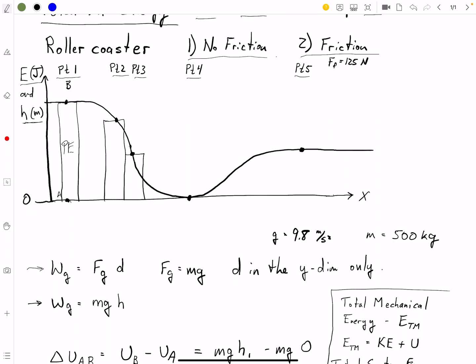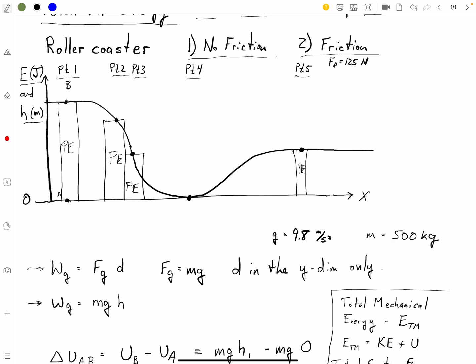We get to point 2, and our potential energy is now less. Here it's less even yet. And here at point 4, our potential energy in this situation is 0. And then back up here at point 5, we've got some potential energy.